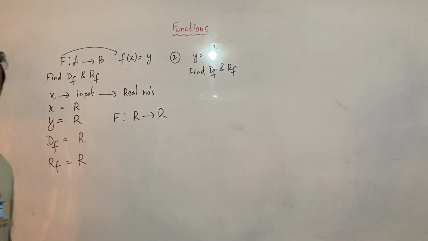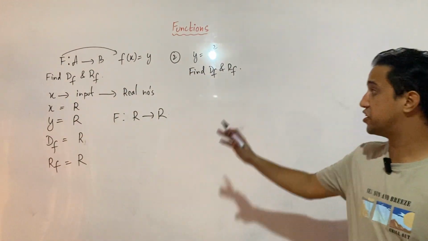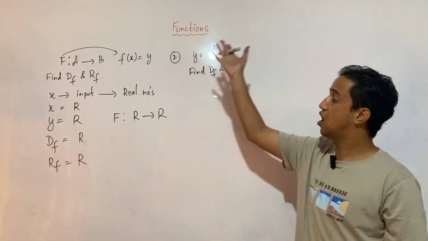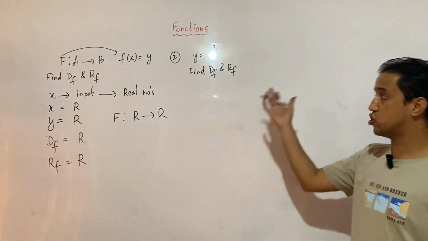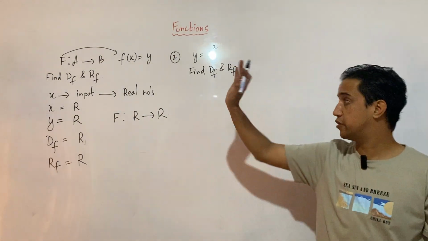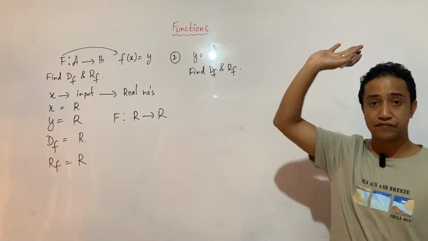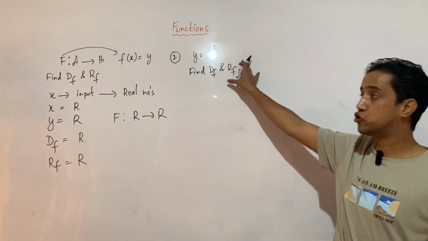Here you need to use your mind, because you are not given the values in set A, or the domain, or the codomain, nothing is mentioned here, just one line, y equals x square. This is the given function, and then you have to find the domain and range.